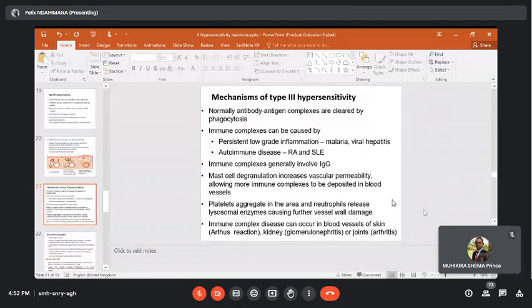But once it is exaggerated, it becomes a problem because there will be a lot of recruitment of white blood cells that will destroy our own cells, like in here, whereby they are releasing enzymes that are detrimental to our own cells. We have examples of those diseases, like the Arthus reaction, glomerulonephritis, and so on.